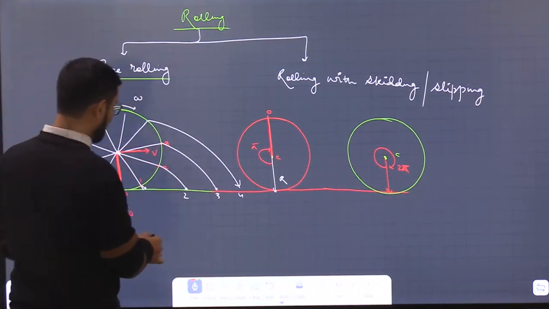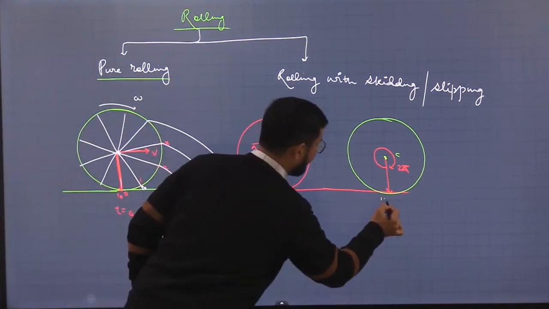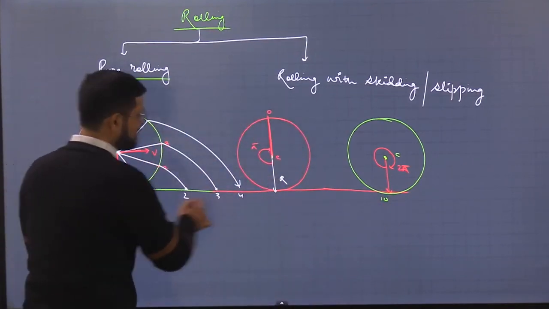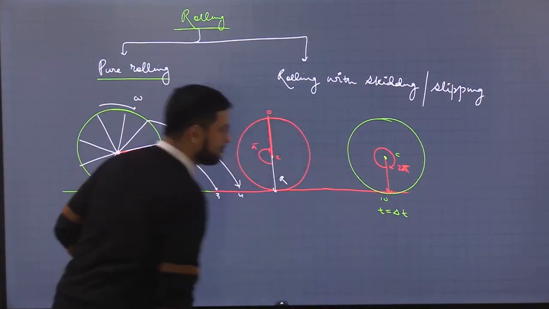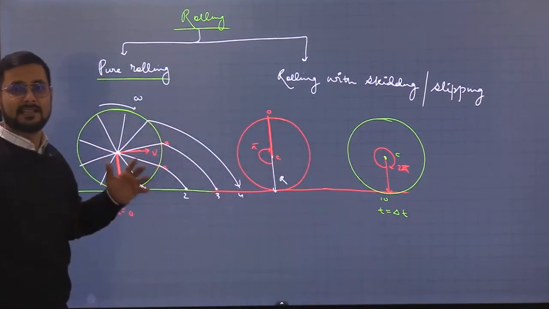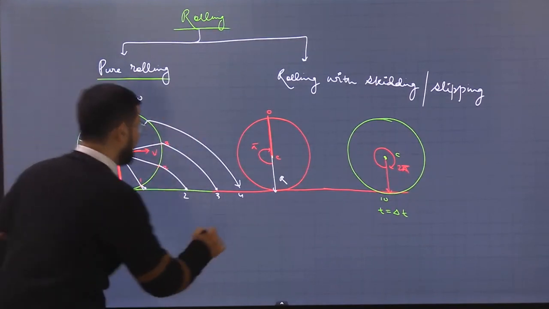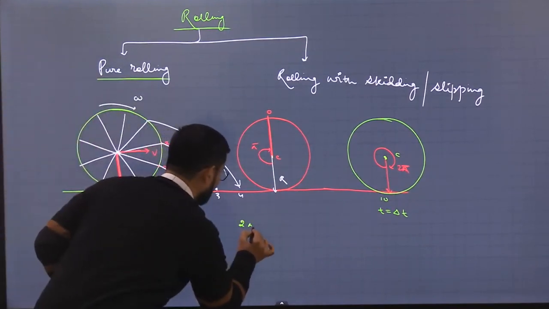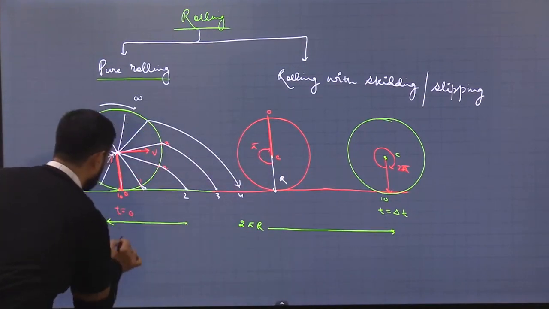So what is the distance from 0 to 10 when the time delta t has elapsed? Obviously it is equal to the perimeter, 2 pi r.